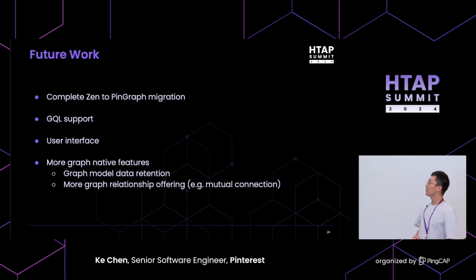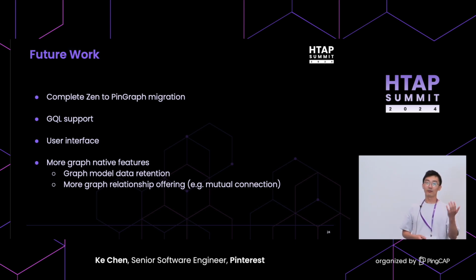In terms of future, first we are going to finish off our migration and deprecate Edgebase to fully adopt TiDB. And secondly, the GQL support is something we're also pretty interested in as well, because it's becoming a standard graph query language in the industry.